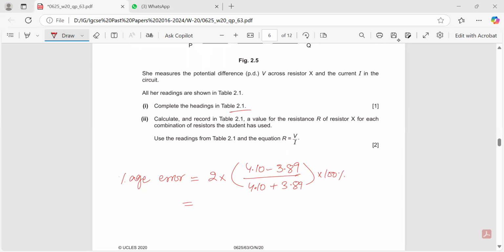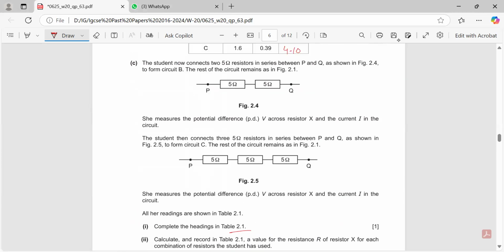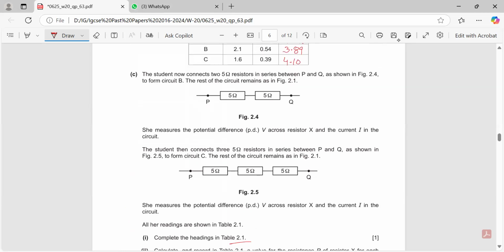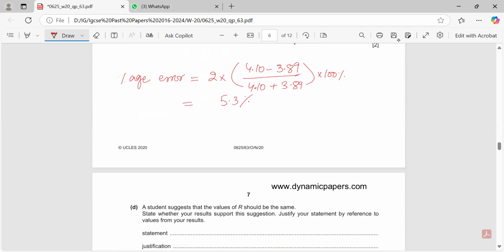The answer is 5.25, so 5.3% almost. This is less than 10%. See, I have not taken the nearest values, I have taken the values with the maximum difference. One is 3.89, the other is 4.10. Now the percentage error is 5.3%.